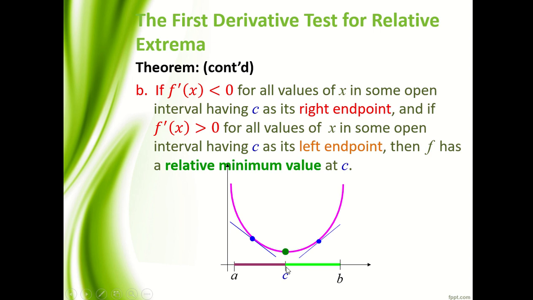So c is on the right part of this point of tangency, where our tangent line is located. And for all values of x in some open interval, now the second condition is the first derivative is greater than 0, so meaning positive.